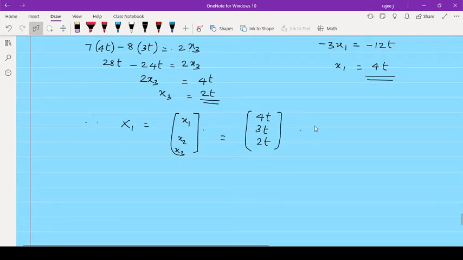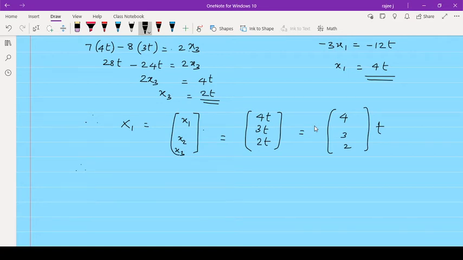Therefore this is equal to 4, 3, 2, with t taken common outside. So this is the eigenvector corresponding to the value lambda equal to 1. Therefore the eigenvector can be 4, 3, 2 or any multiple of this 4, 3, 2.